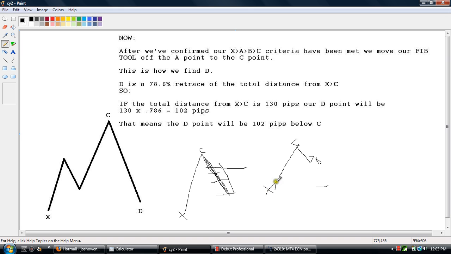It's going to be the deepest retrace of the X to C. Now I know we've talked about proportions are going to stay the same no matter how you have your fib tool done, but you'll know you've got your fib tool set properly, whether it's from low to high or high to low, when price initially starts moving into these retrace zones. The first one will be a small number, 38. The second is always going to be 50. The 618 will be the third, and the fourth should be the 78.